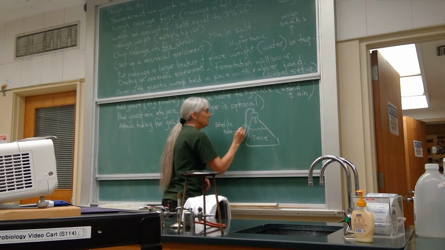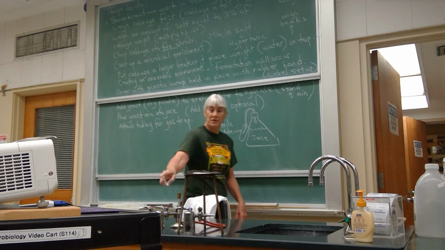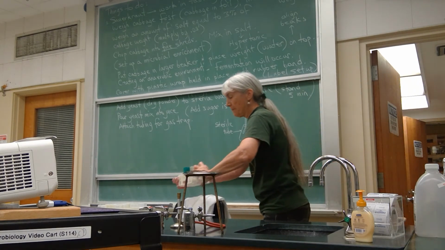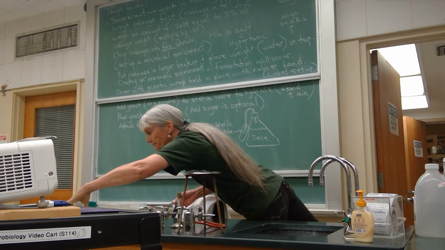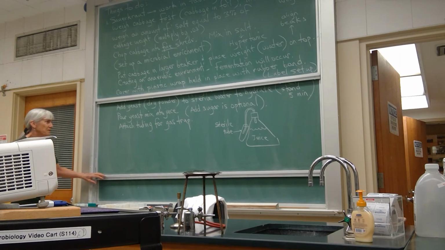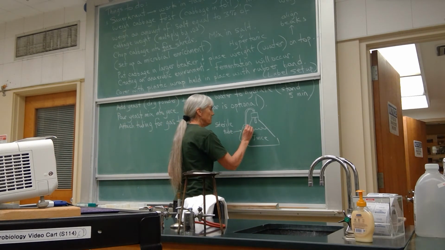So this is a clean tube, not sterile water. So this is our sterile water. These are sterile tubes for gas traps. Don't mix them up. Anyway, once you have this set up, put water in this thing.